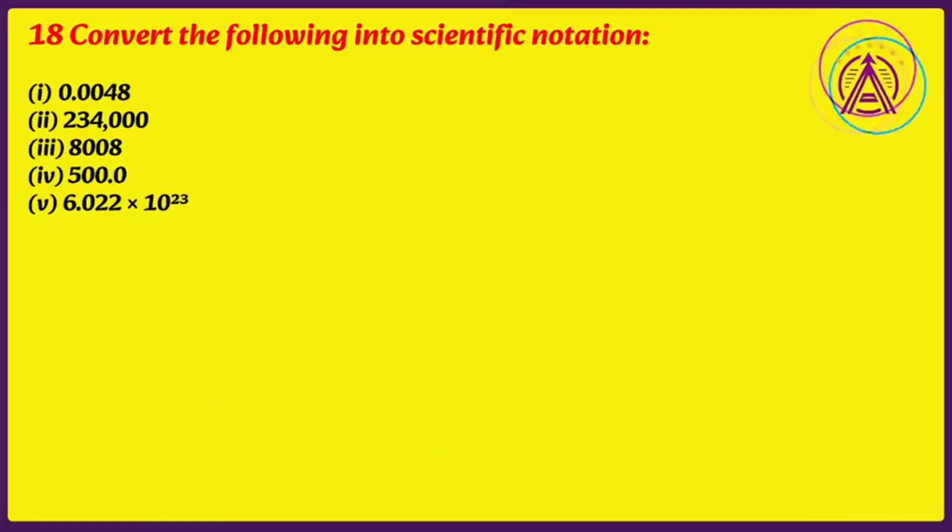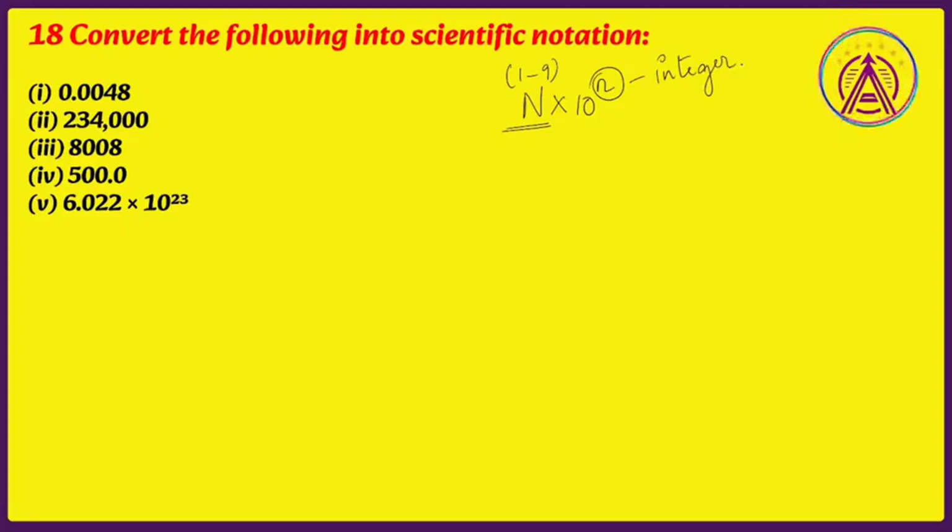Now question number 18, convert the following to scientific notation. Scientific notation, I have already told you all, is a representation in the decimal form, which is N into 10 to the power n, where this capital N represents any number between 1 and 9, and the small letter n can be any integer. So it can be positive or it can be negative.